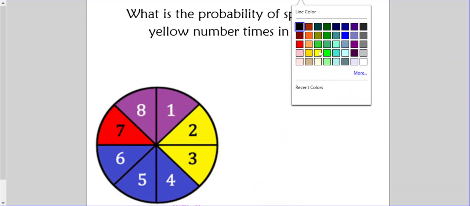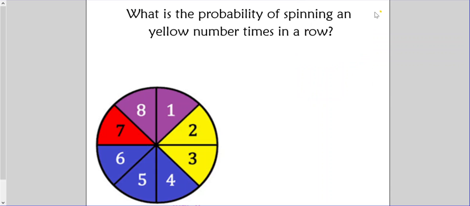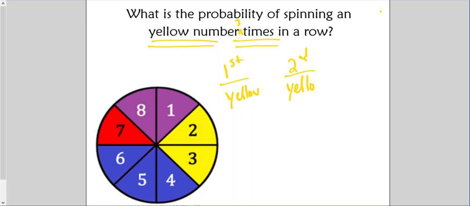Same spinner. Probability of spinning a yellow number, oops, I missed a word in there, 3 times in a row. What's the chance that on the first spin, I get a yellow? On the second spin, I get a yellow.